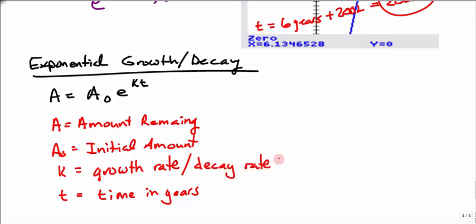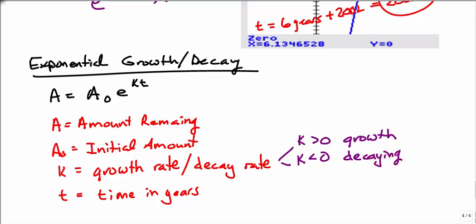Now, how do we decide which is which? If K is greater than 0 or positive, we're growing. If K is less than 0, it's decaying. So again, it's really important that we look at those particular values.